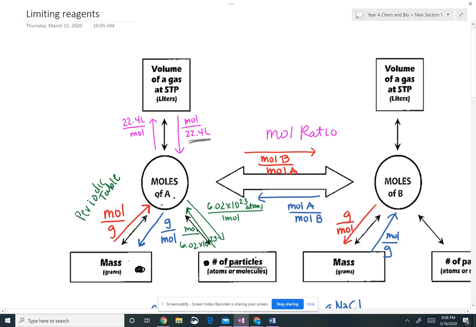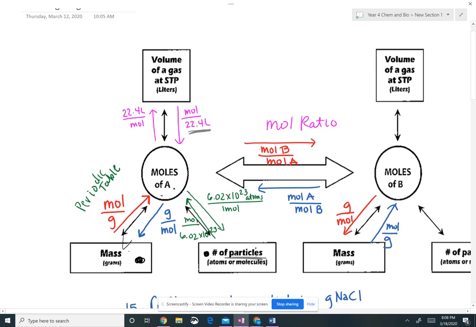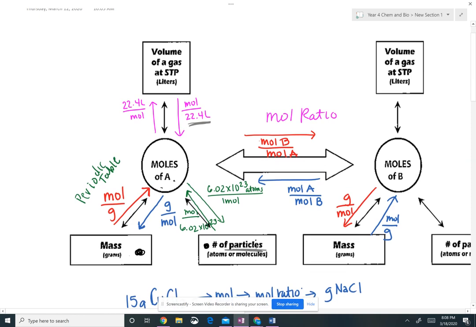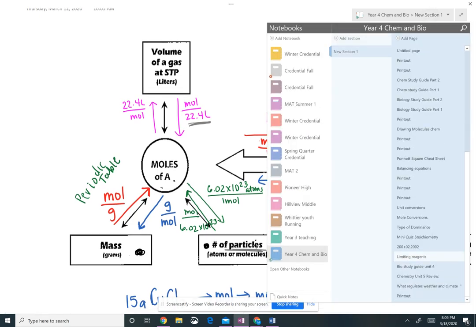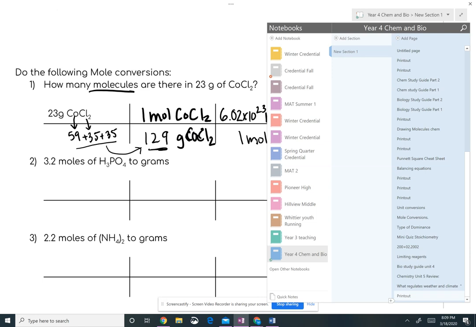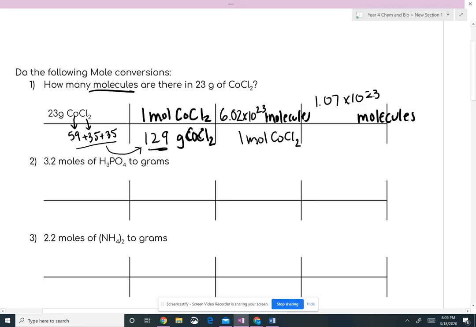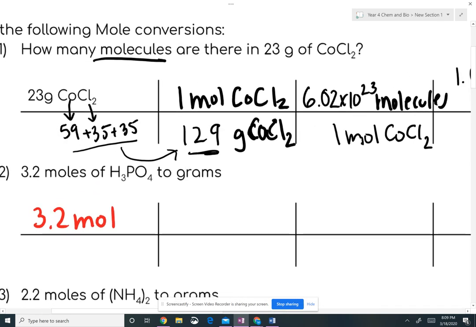So super simple, just a one-step deal. Depending on the thing that we want is going to be the thing that goes on the top. Okay, so I'm going to do 3.2 moles, right? And then I'm going to go H3PO4 to grams.